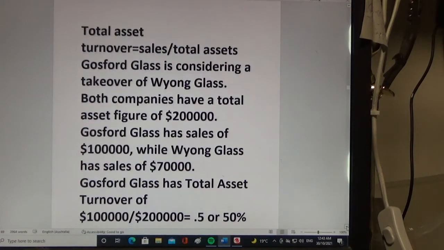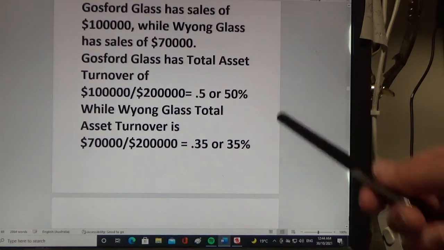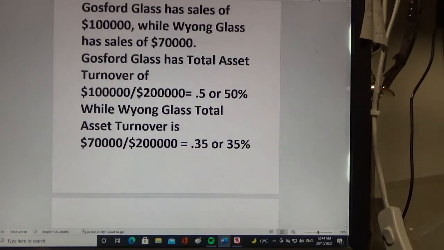So sales is your numerator, a 0.5 or 50%, while Wyong Glass total asset turnover, sales over total assets, gives you 0.35 or 35%. So Gosford Glass is more impressive. Higher sales generated from their total assets.